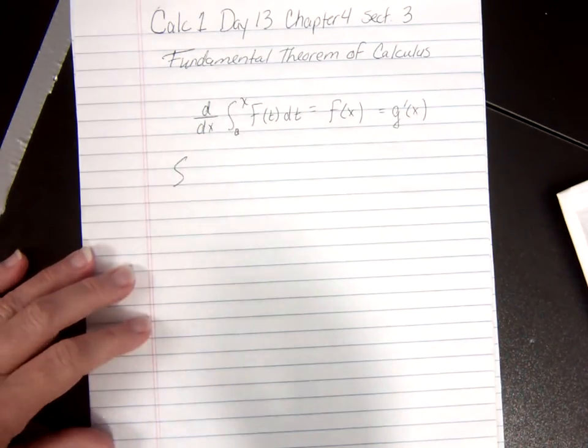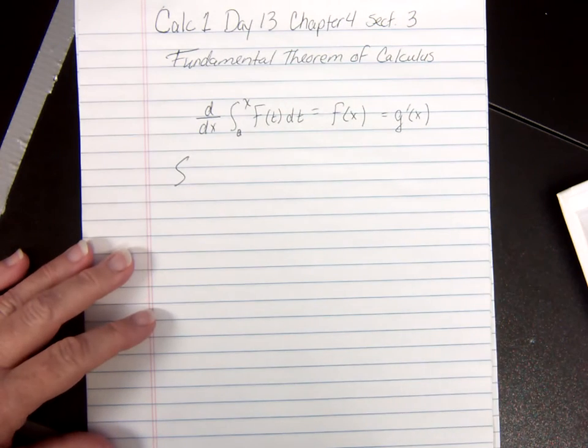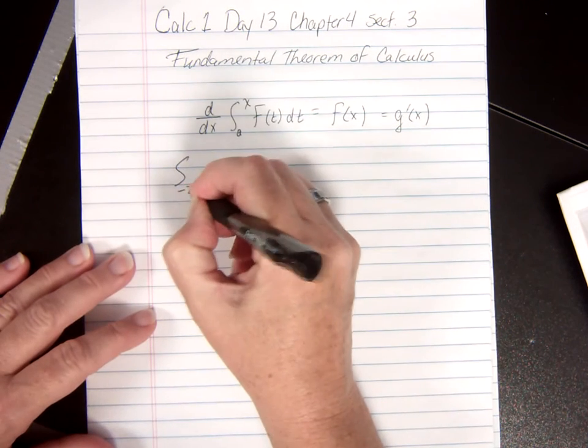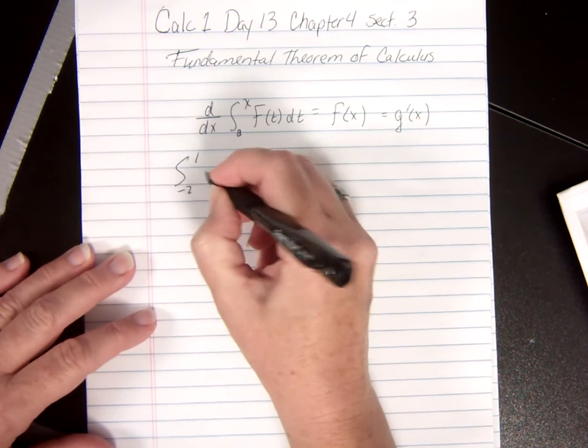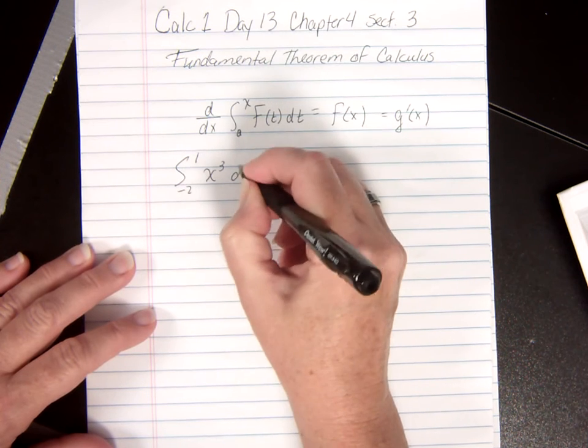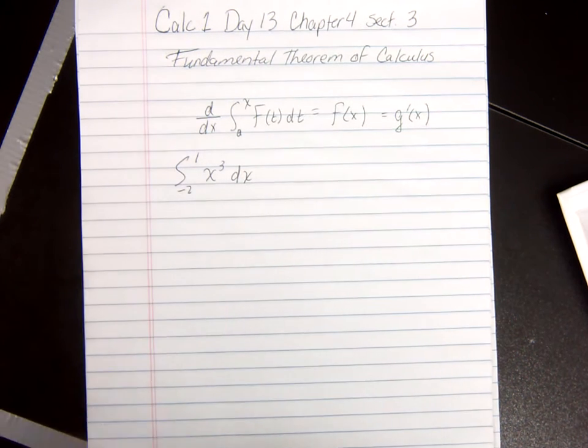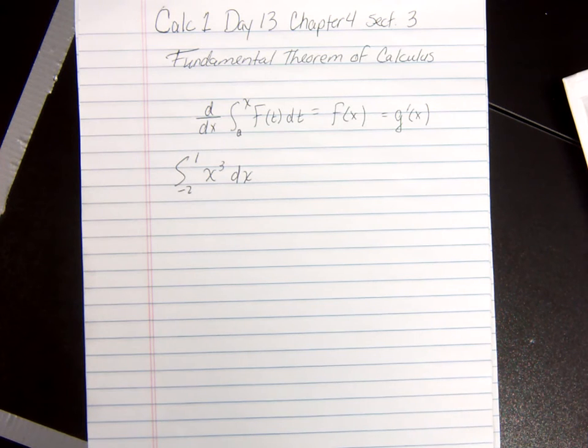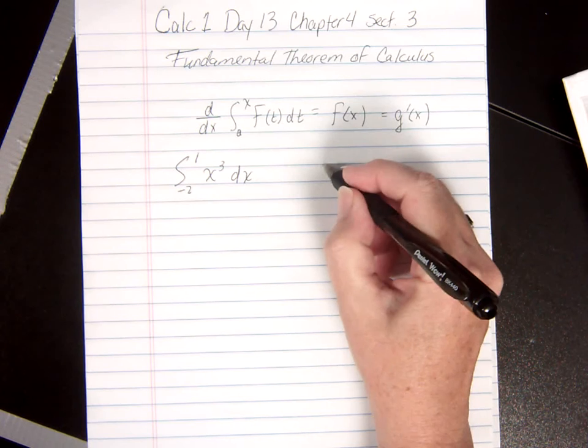Example 5, we have the integral from -2 to 1 of x to the 3rd dx. We are going to first recognize that the function is continuous on [-2, 1].